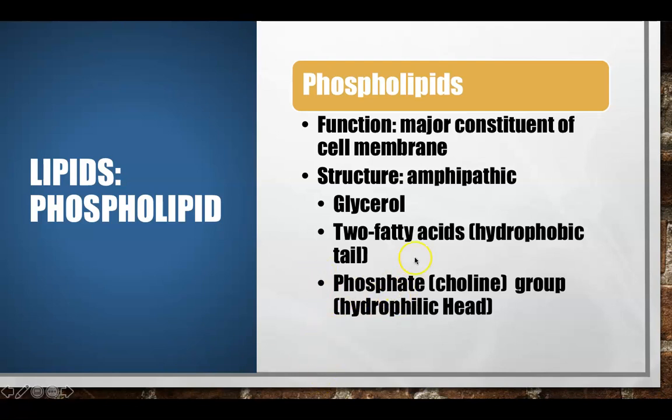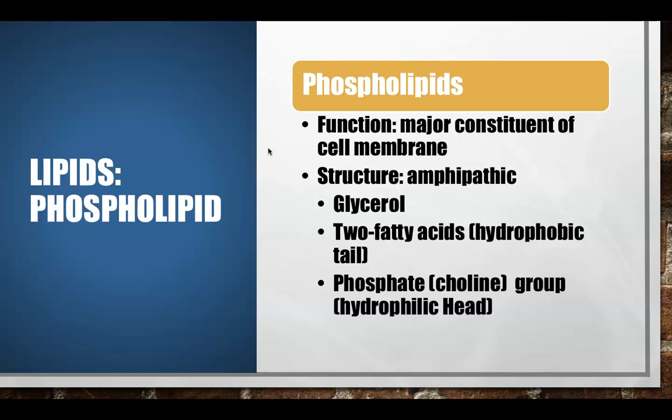Phosphate, PO4 3-, carries a negative charge, so it likes water. Whereas your fatty acid chains are going to be hydrocarbons. And those are non-polar covalent bonds. And whenever you have a lot of non-polar covalent bonds, that is a substance that is hydrophobic. It does not like water. So amphipathic means that this molecule has a water-loving side and a water-hating side.